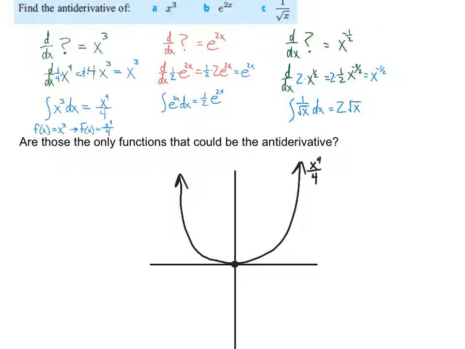However, if I took that and made it exactly the same, but I raised it up 3, so now that's x to the 4th over 4 plus 3, the derivative of that would also be x cubed. Or if I did something like this, here's a minus 1.